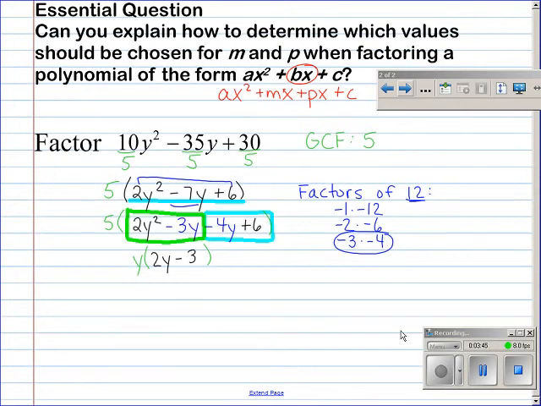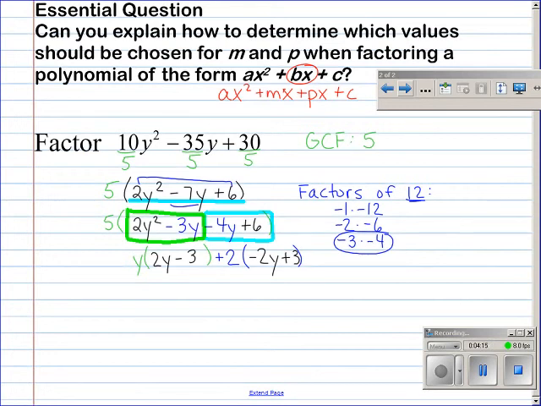If I divide both of those by positive 2, then I come up with -2y plus 3. But if you pause right here, notice that what's inside those parentheses is not exactly the same. We have 2y minus 3 and -2y plus 3. So we need to do a little bit of extra work here to get those to be the same.